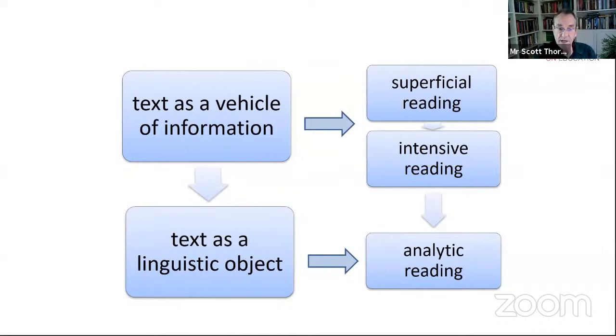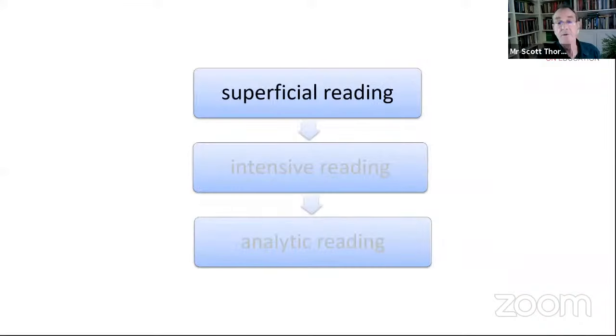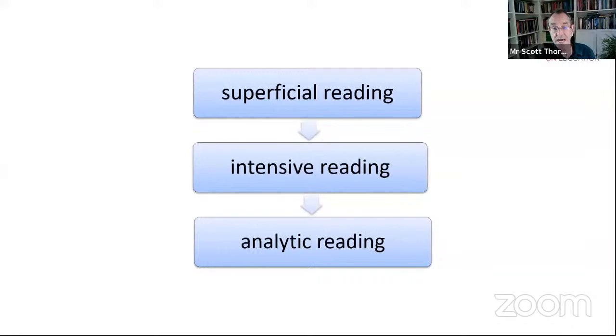And then we can move on to using the text as a linguistic object, because we're in a language classroom, so why not use it as a linguistic object? Why not exploit its linguistic features? And that is an analytic reading, where I ask you to analyze the text according to a particular question or focus. So again, the progression in this kind of sequence is from a superficial or skim or gist reading, if you like, to a more intensive reading, to an analytic reading.